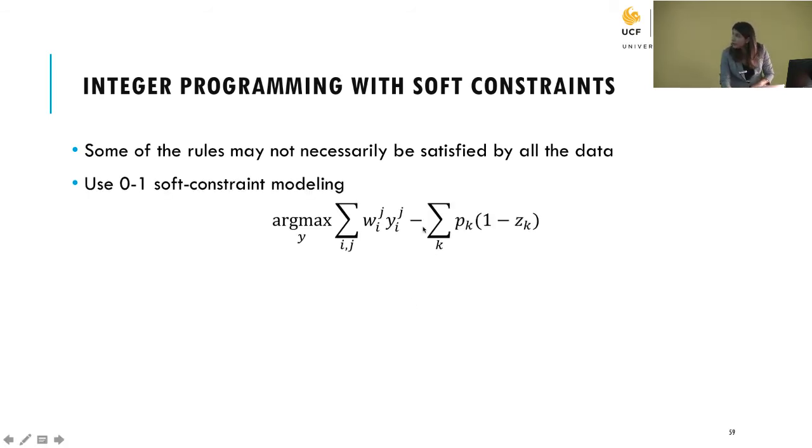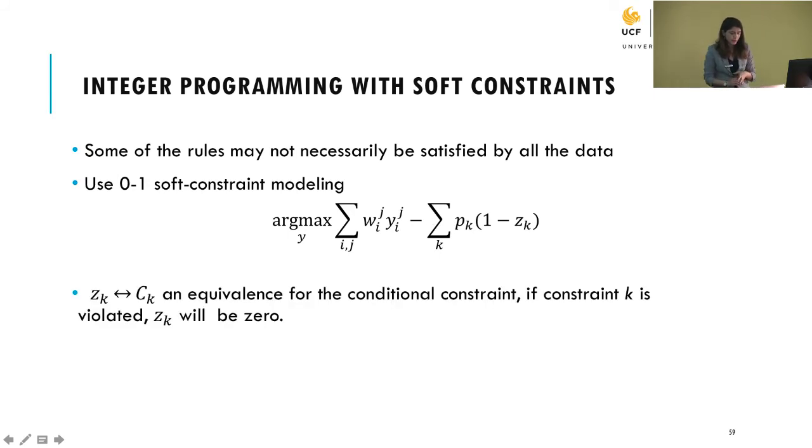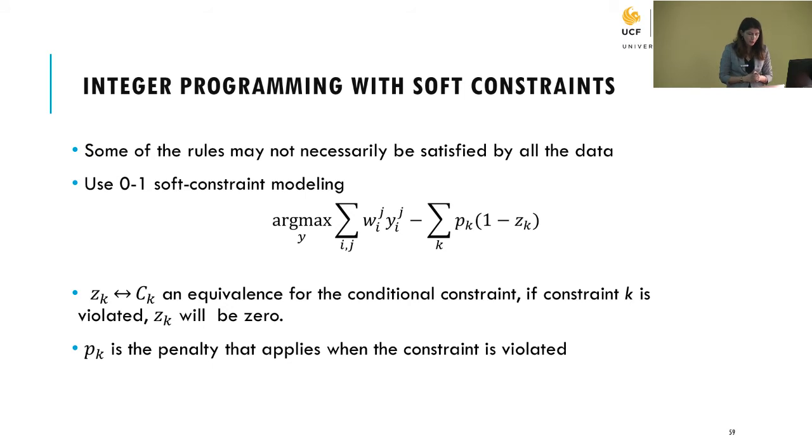This part is the scores and the binary variables. For this, we have this extra variable zk, which is equivalent to a conditional constraint. If constraint k is violated, z will be 0. When it's 0, we apply this penalty pk. And we find the value of the penalty using the probability of violating or satisfying the constraint in the training data.